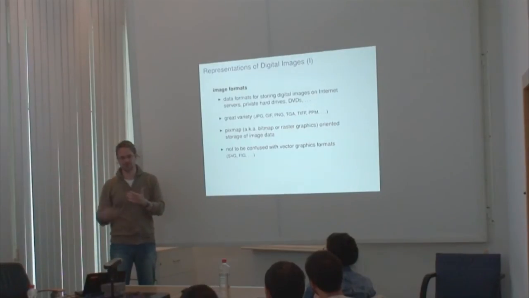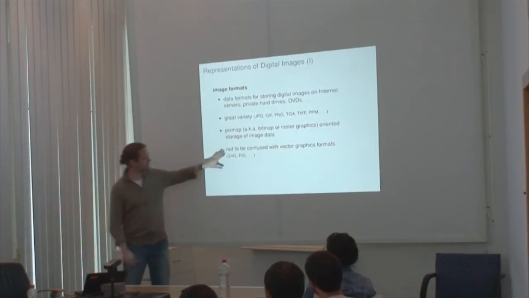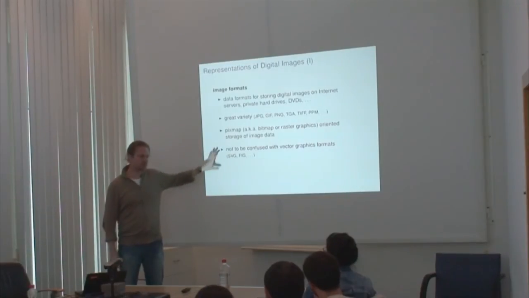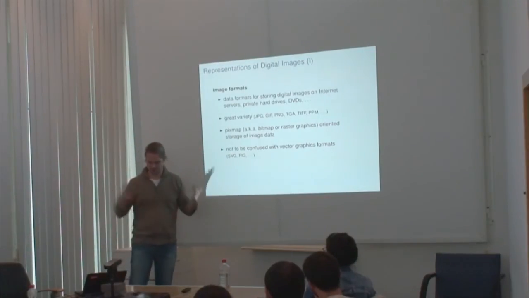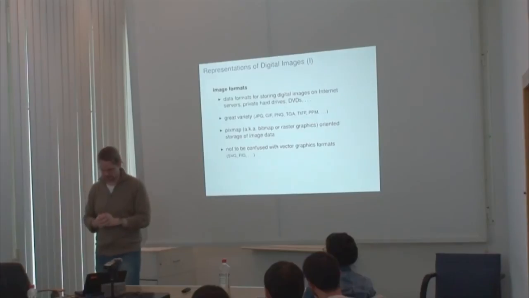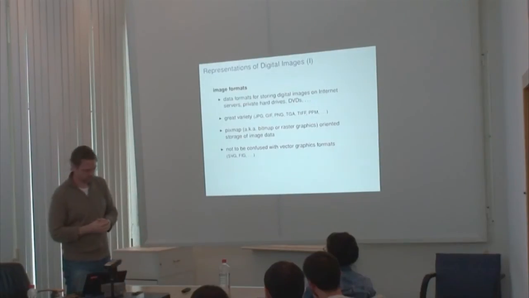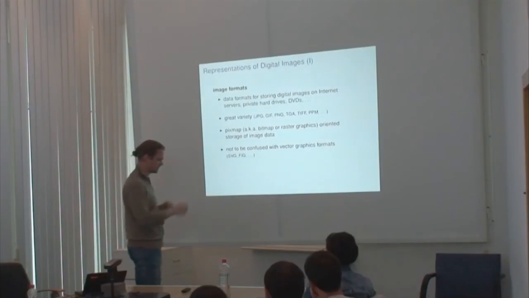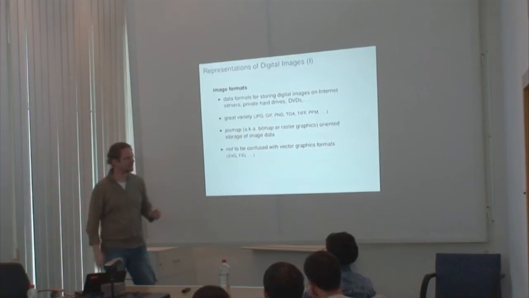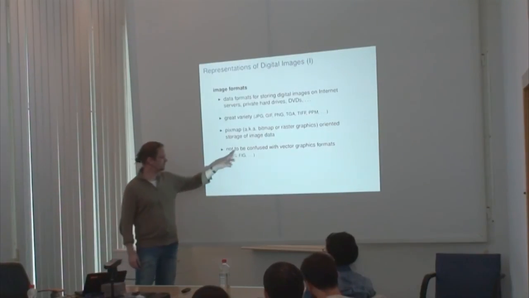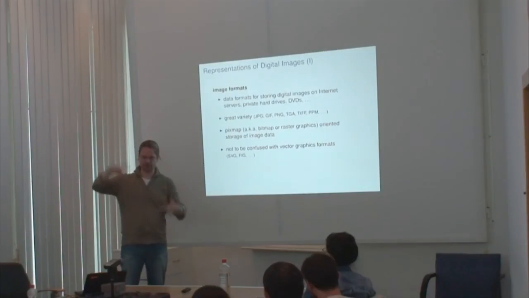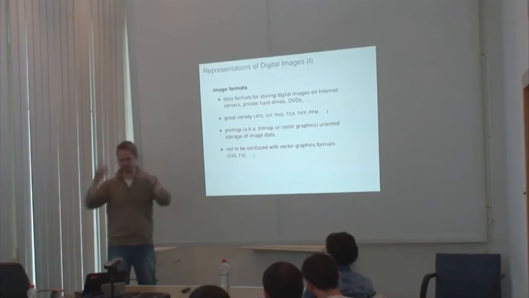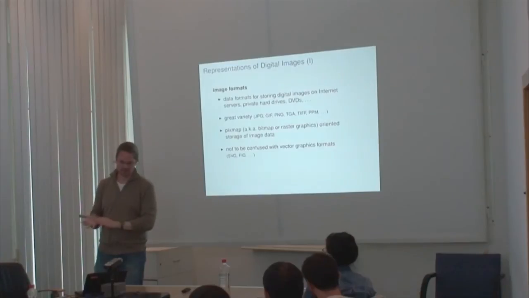These are things we are not going to talk about in this lecture. If you use Inkscape or programs for drawing graphical pictures, you typically store that in these formats. And what you typically do is you draw rectangles, circles, polygons, stuff like that.